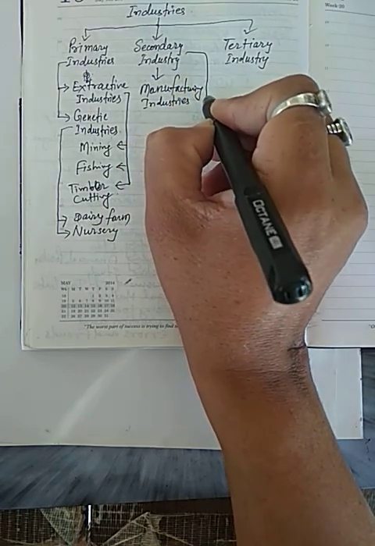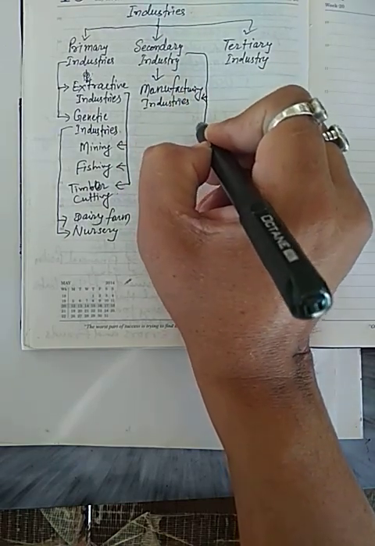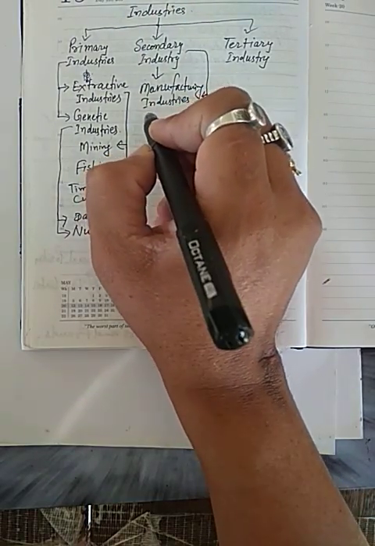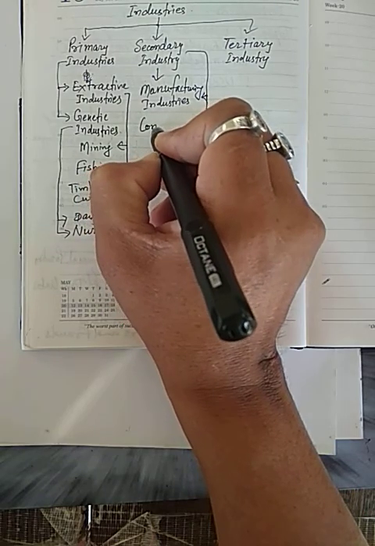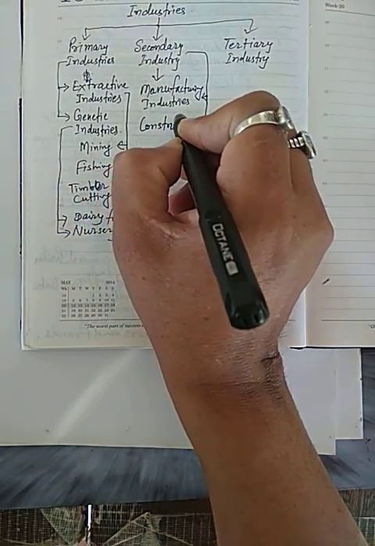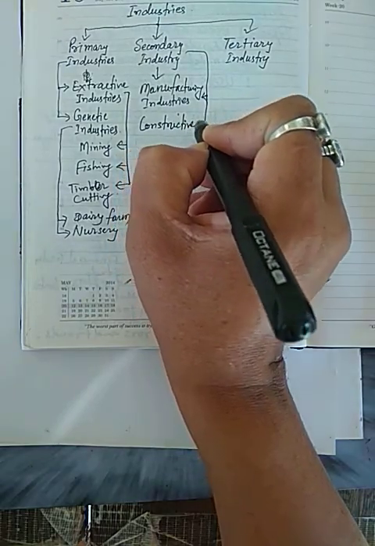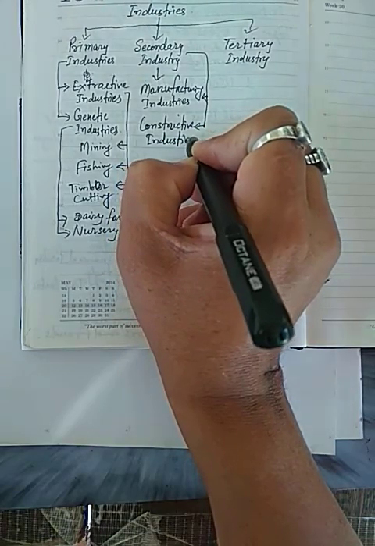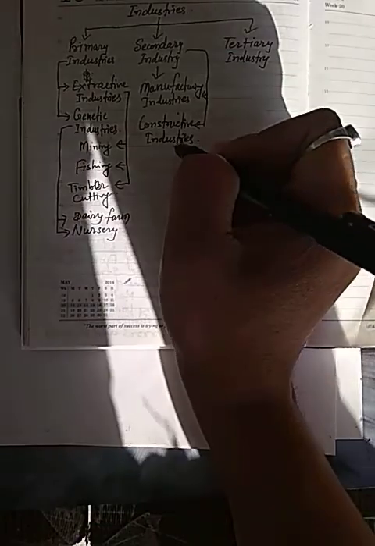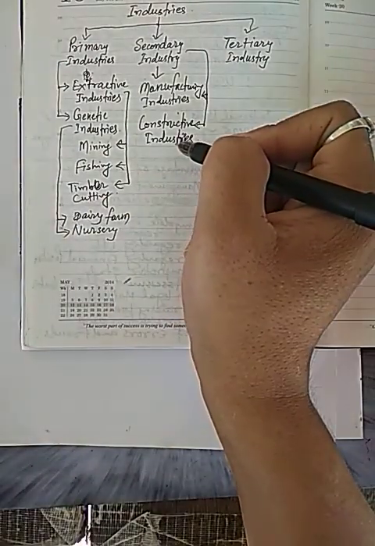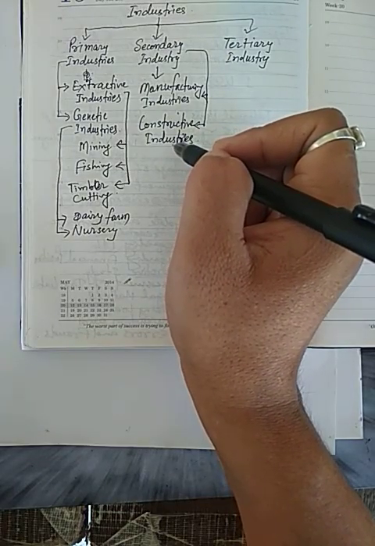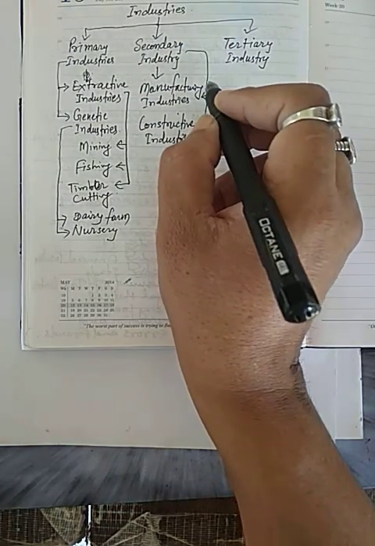And second is constructive industries. Now, what are manufacturing industries?